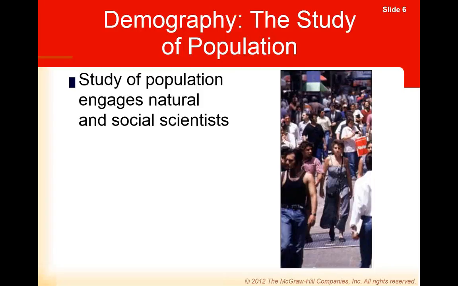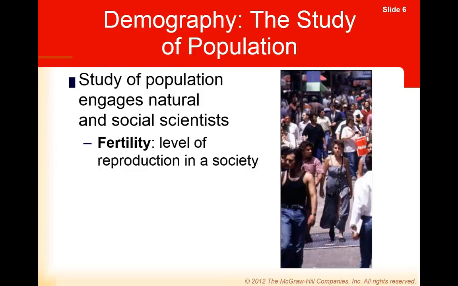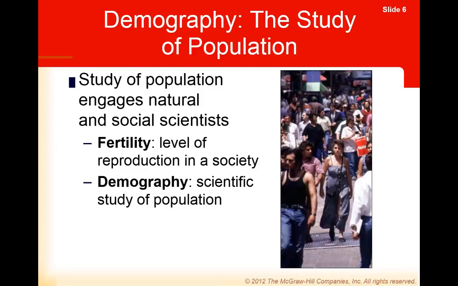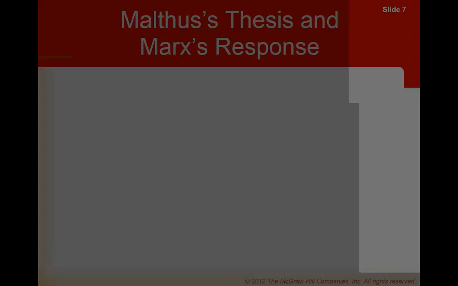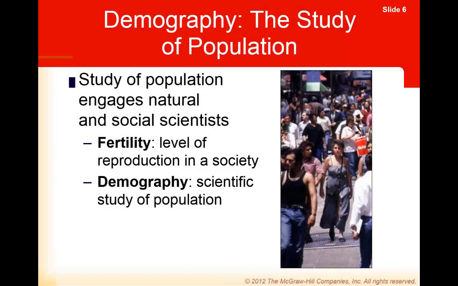All of these fields may contribute people who decide to specialize in the study of population. When you look at diagramming a population for growth purposes, there are 5 major factors.